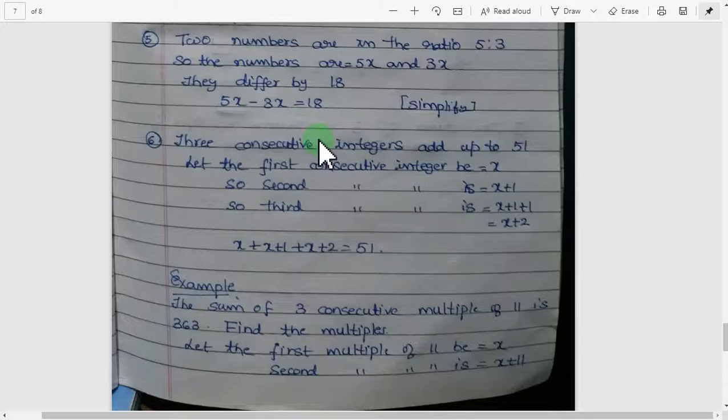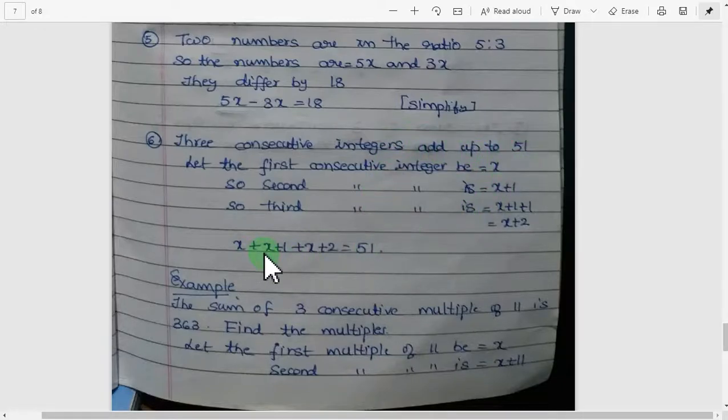The first number may be any number, but the next numbers should be consecutive. So take the first consecutive integer as any variable, the second must be that plus 1, and the third is that plus 2. So our three consecutive integers are x, x plus 1 and x plus 2. If you add, you will get 51. That is the meaning of this statement.